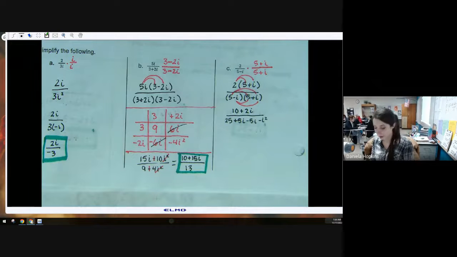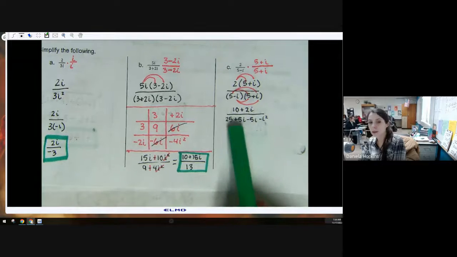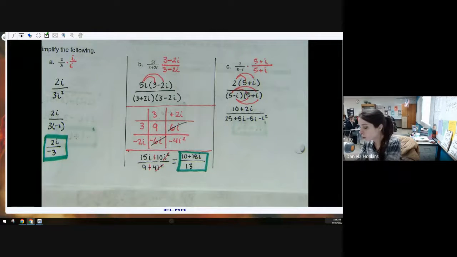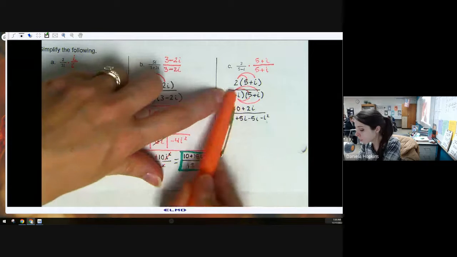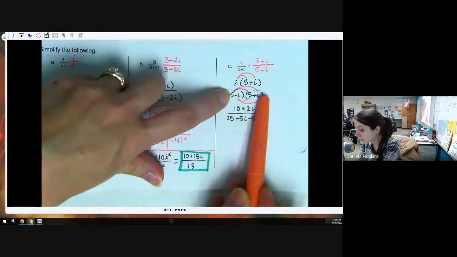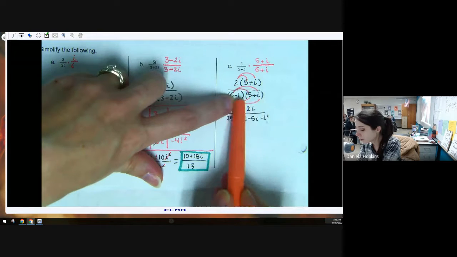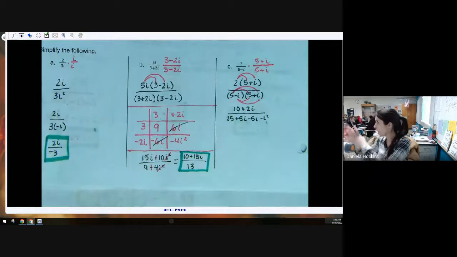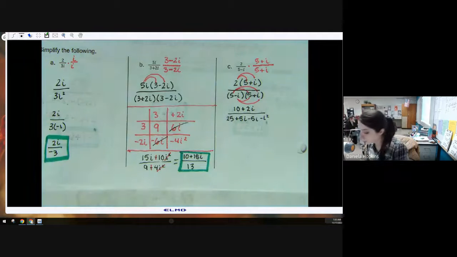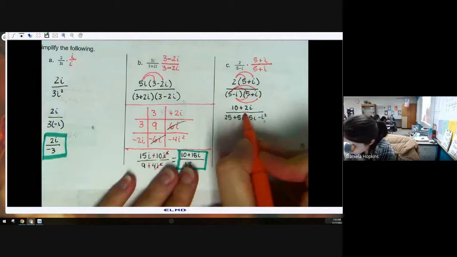So really what you're going to find is if you're doing the FOIL method, you can do a cheat. These middles should always cancel out if you chose the correct conjugate. You could do a cheat and just multiply your first and just your last. So don't do the outside, inside, because those are going to cancel.